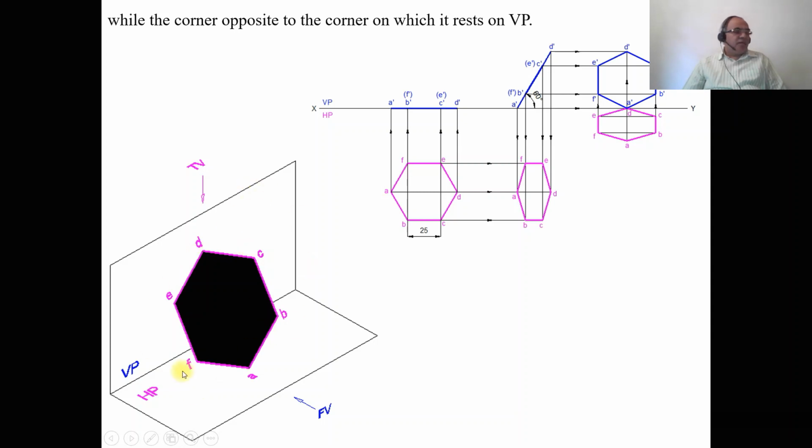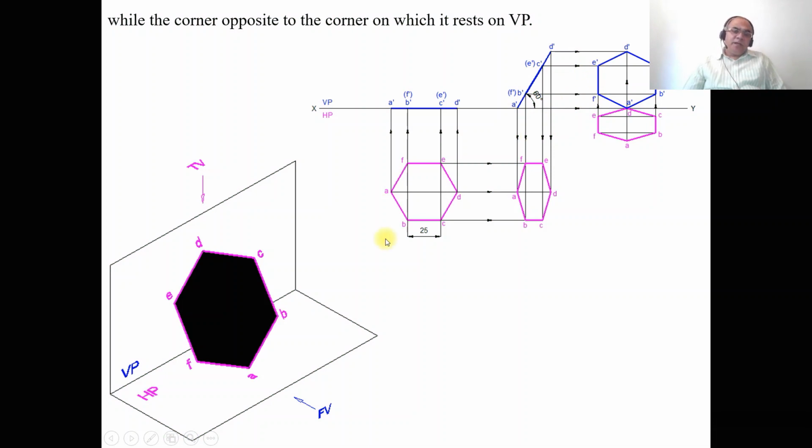This is the final position of the problem, and we can see here A dash is resting on HP and the opposite corner D dash is on VP. So we reproduce the second position top view by rotating it through an angle in the counterclockwise direction only, keep D on the vertical plane, and write the corresponding front view here.